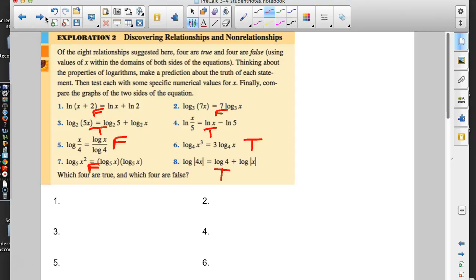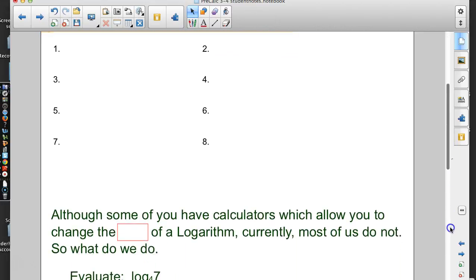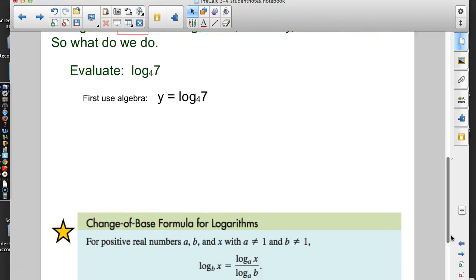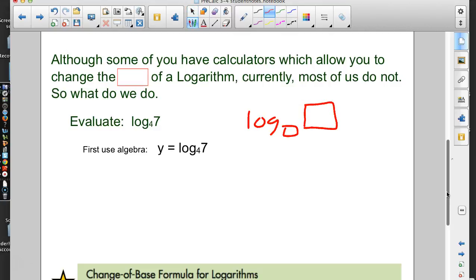So there they are. So again, don't talk yourself into believing everything they're doing when you do the true or false questions. Think through what are our properties, the ones that we absolutely know. So although some of you have calculators which allow you to change the base of the logarithm, we talked about this before. Some of you, when you hit logarithm, you get a little box for each one of those, so you can change the base.